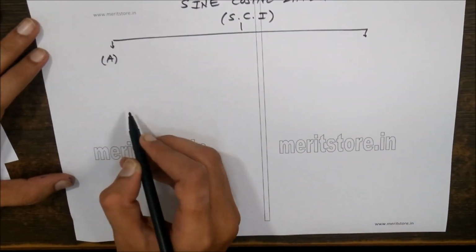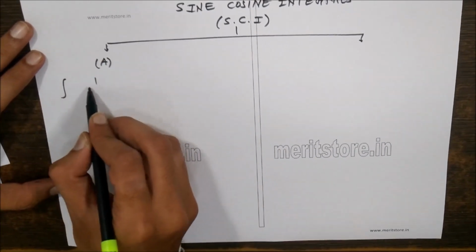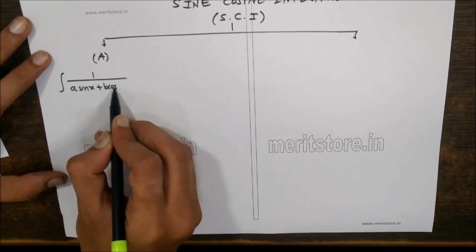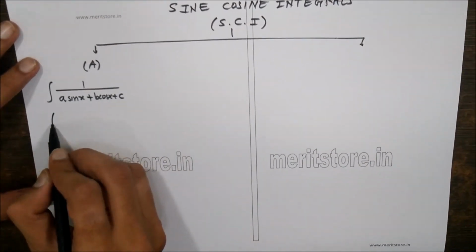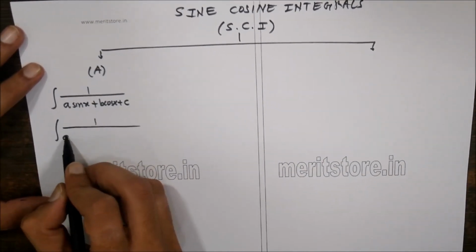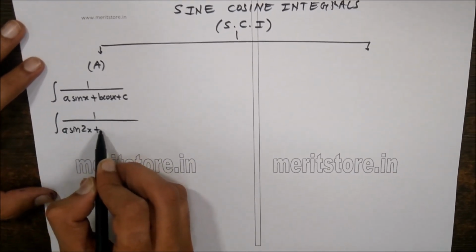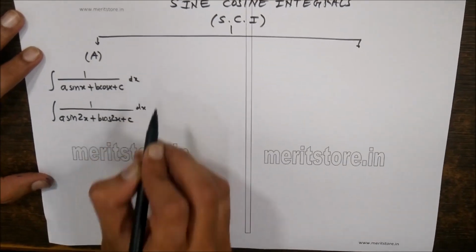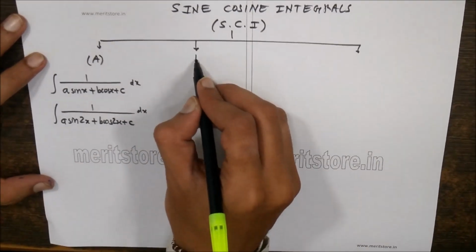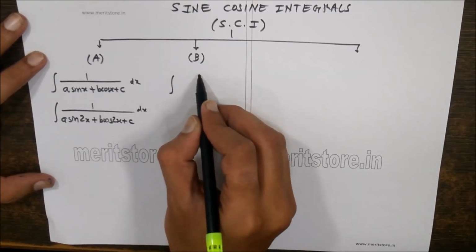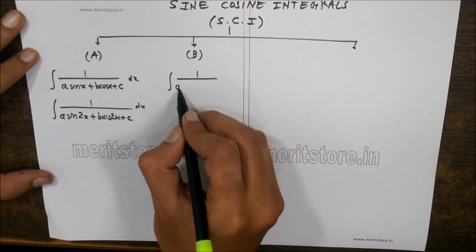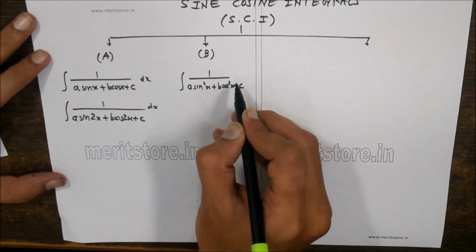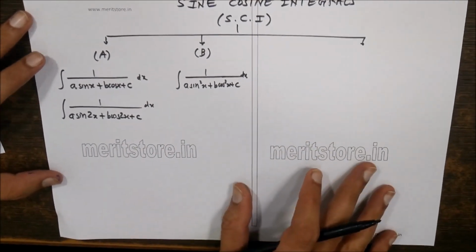Sine cosine A, which would be of the category integral of 1 upon a sine x plus b cos x plus c, or the same thing can be written as 1 upon a sine 2x plus b cos 2x plus c. The second type in this would be of the category integral of 1 upon a sine square x plus b cos square x plus c dx.